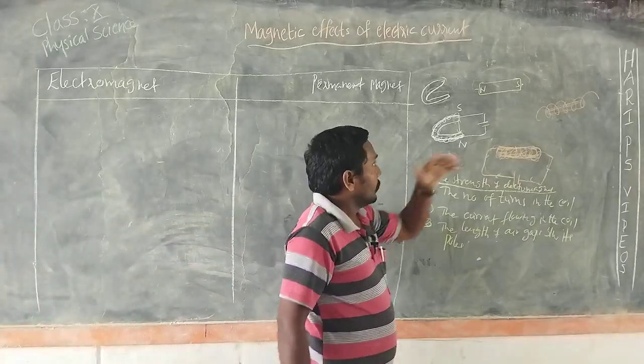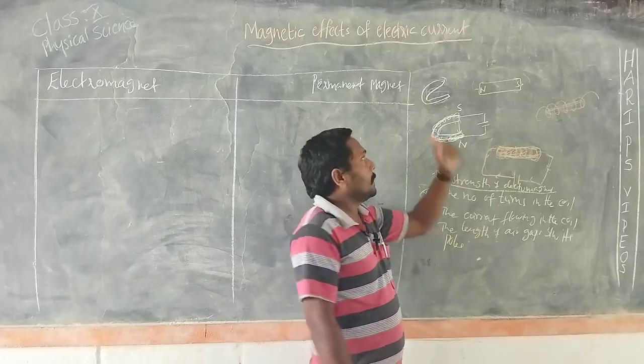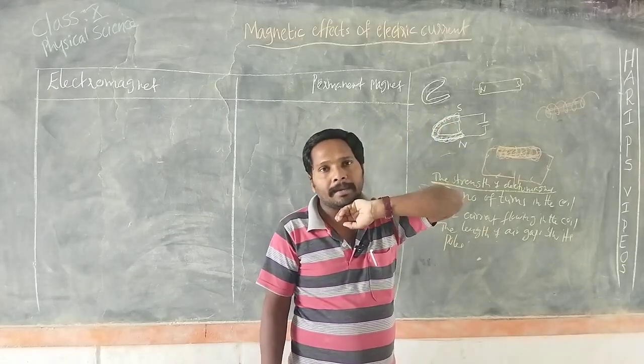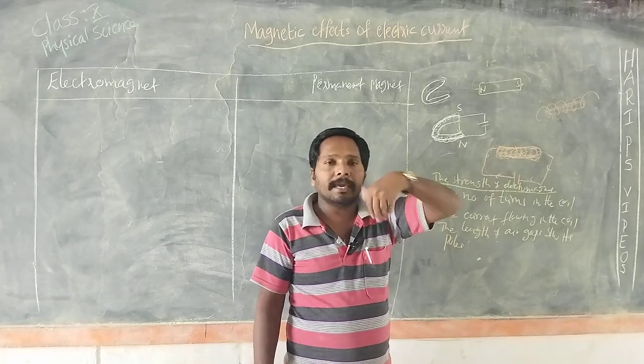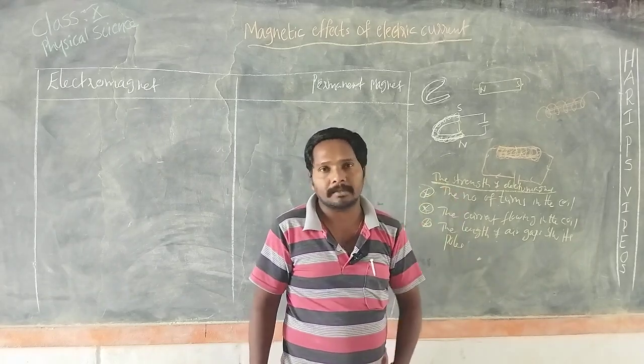So instead of using permanent magnets, it is better to use electromagnets. In a permanent magnet, we cannot change the strength of the magnet.